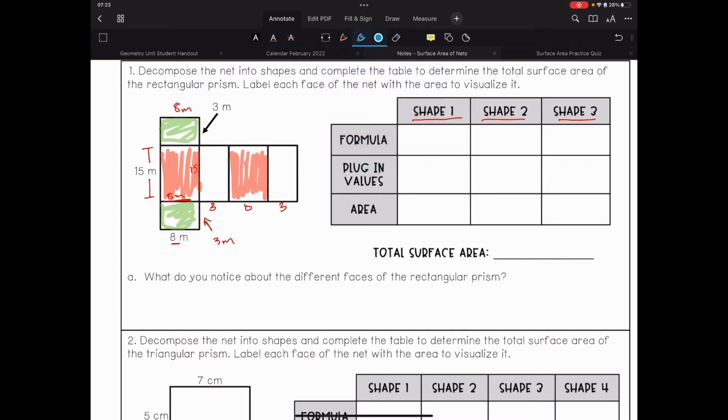And then we have these medium-sized rectangles here. Now, all three of them are rectangles. So let's just try it like this, just for reference. I'm going to say this is the large, medium, and small. So the formula for each of them, because they're rectangles, is area equals base times height.